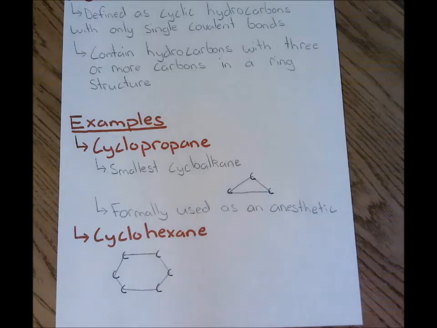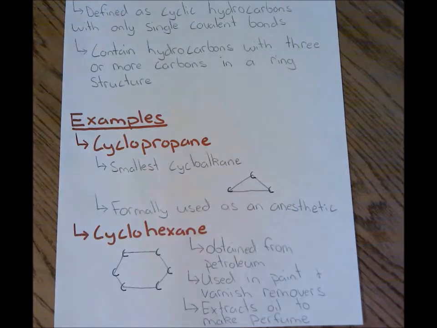It wants 4 connections because it has those 4 valence electrons and wants to form those covalent bonds in those locations. Now, a couple of side notes about cyclohexane: it's obtained from petroleum, and it's used in paint and varnish removers, and from those oils that make perfume. So those are those points there.